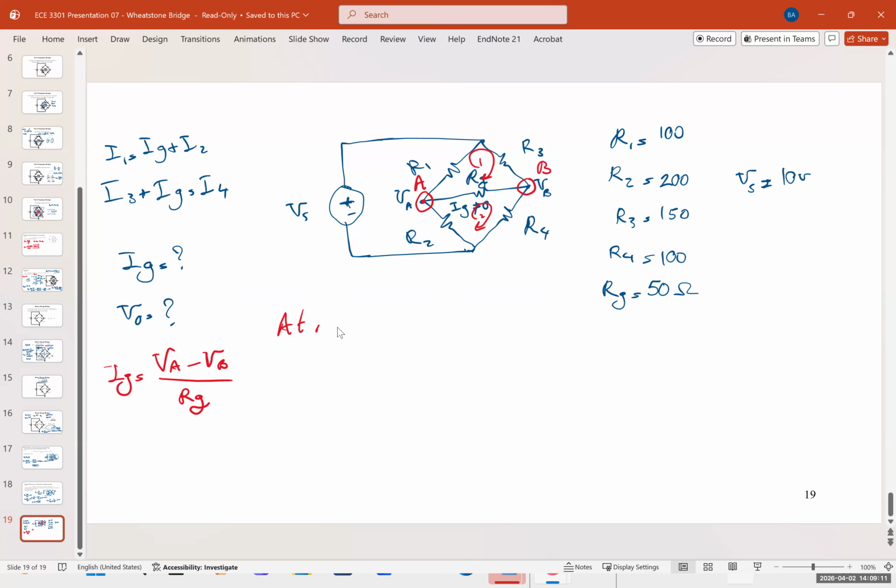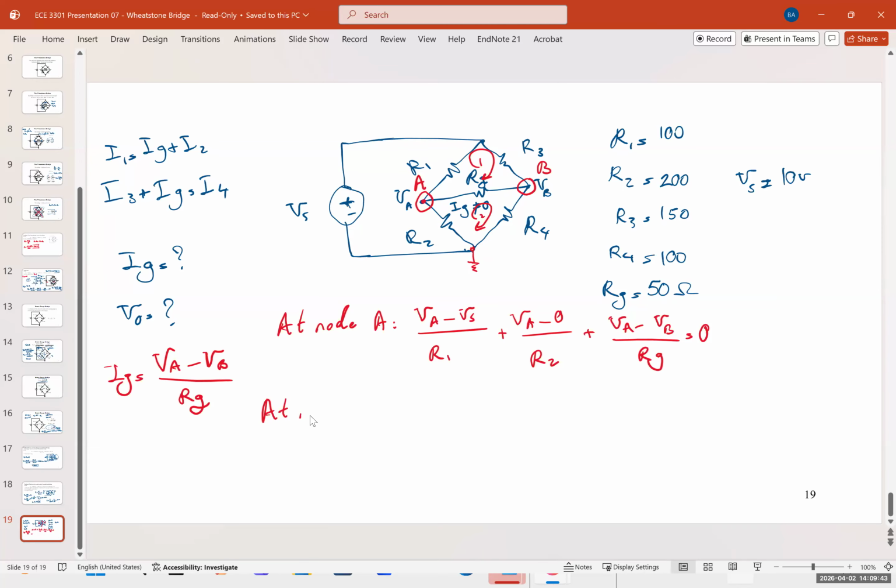At node A, it's going to be (VA minus VS) over R1, plus (VA minus 0) over R2, because this is technically ground, plus (VA minus VB) over RG, equal to 0.